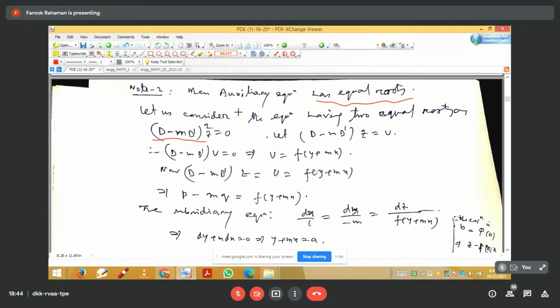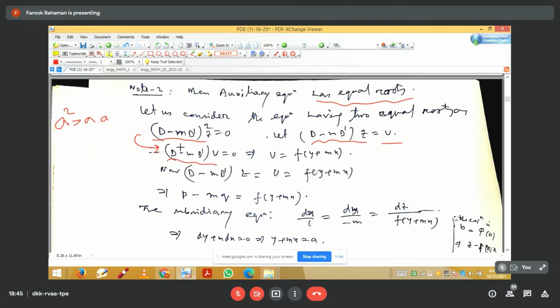How to solve this type of equation when we get two equal roots? Now, a squared means a into a. Similarly, this means (D minus mD') into (D minus mD'). We put (D minus mD')z equal to u. So this equation can be written in this form.